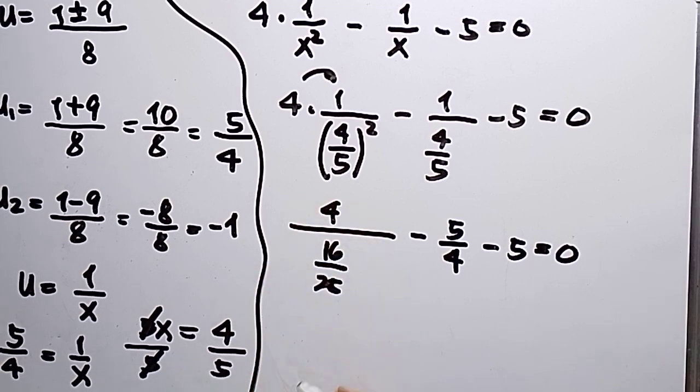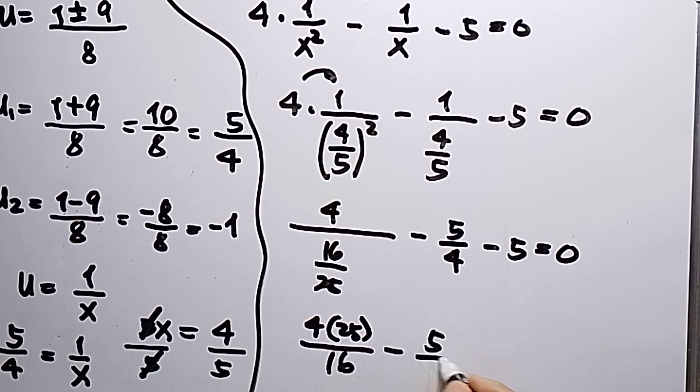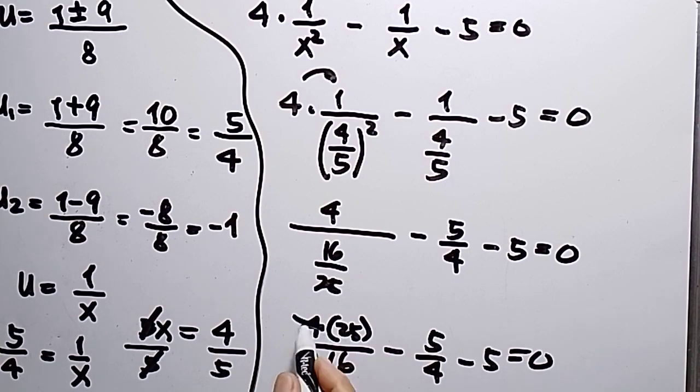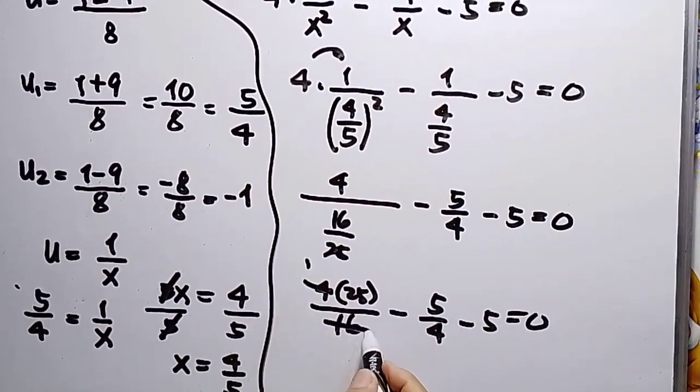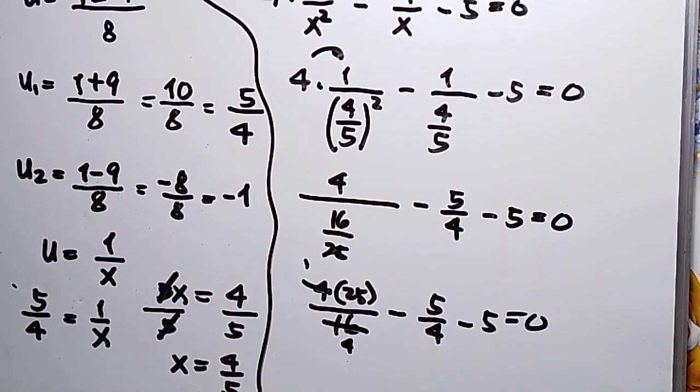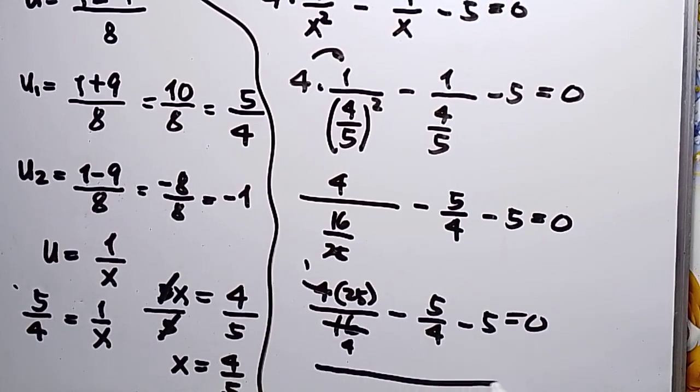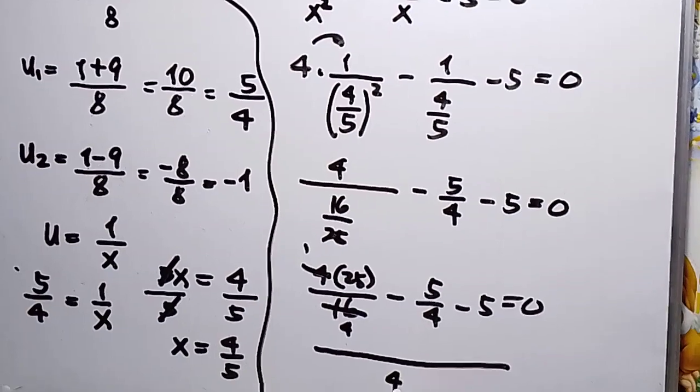So this will be 4 times 25 over 16, minus 5 over 4, minus 5 equals 0. This will be crossed out because I divide by 4, that will be 1, and then divide by 4, that will be 4. So I need to find the LCD, which is 4.